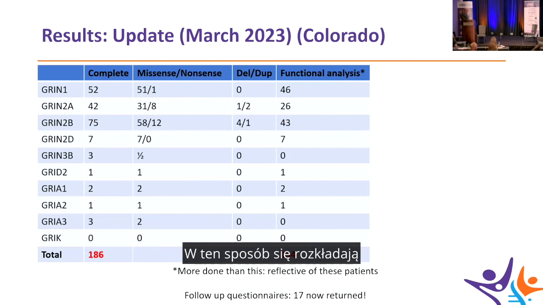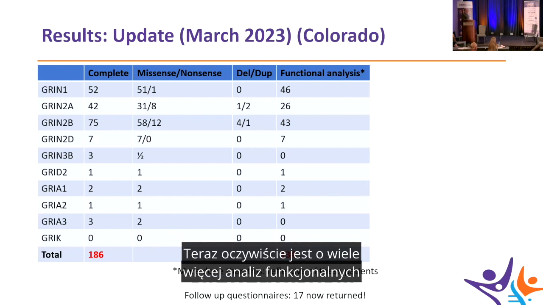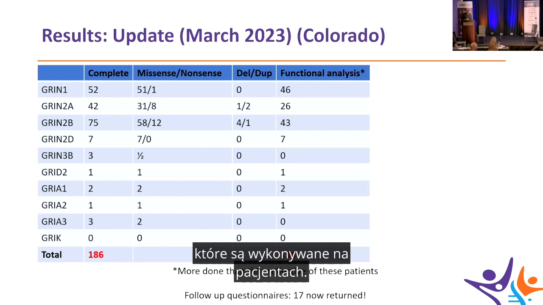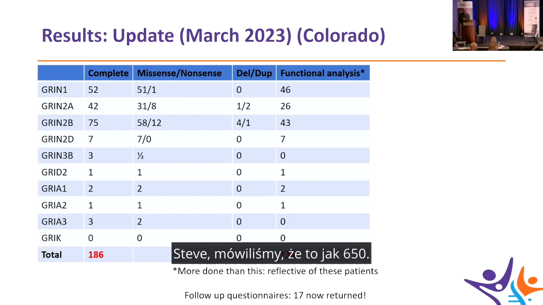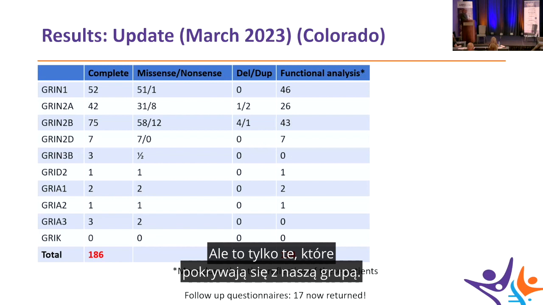This is how they break down in terms of missense and nonsense. We've got a handful of deletions or duplications, and these are the ones that have functional analysis. Of course, there are a lot more functional analyses done on patients. Steve, you were saying it's like 650, but these are just the ones that overlap with our group.